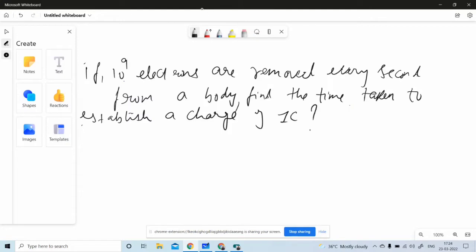It's your textbook. I think this is your second example, the second example of your textbook. See what the question says.